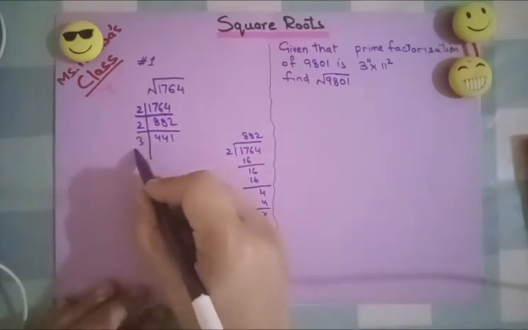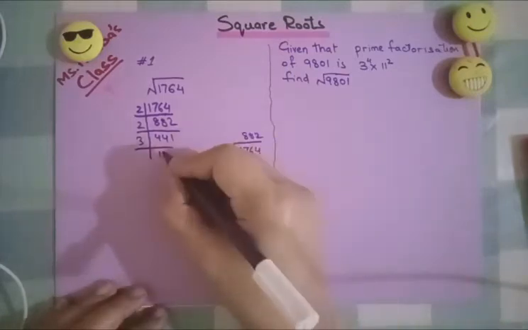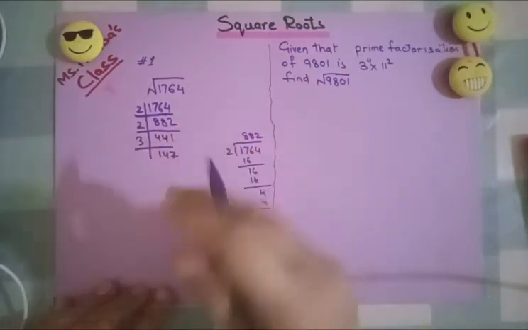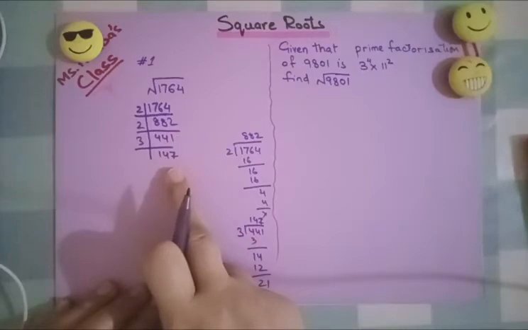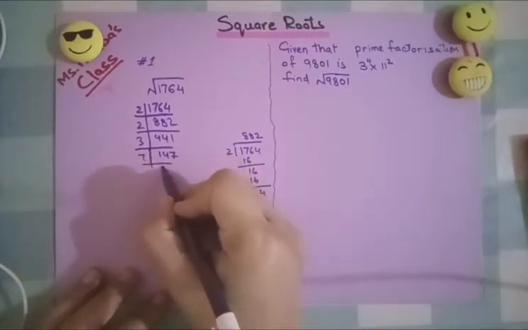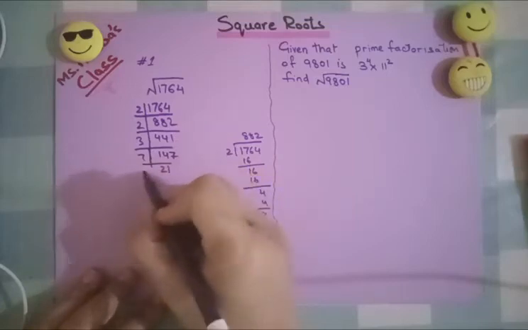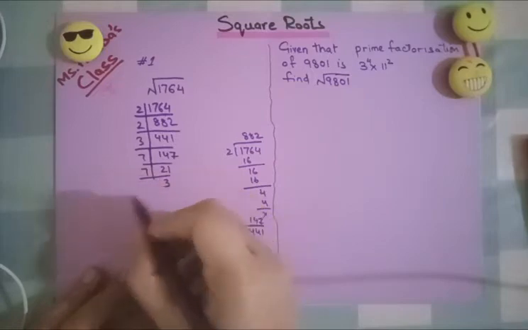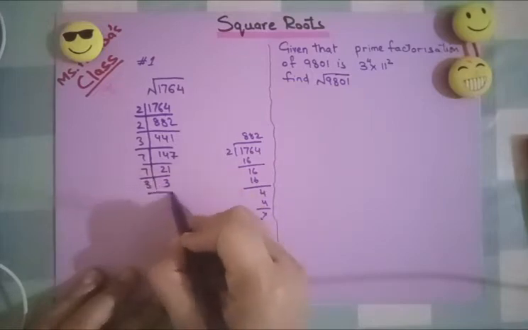I will write 3 over here, and 147. Now as it is ending at 7, I will check it with 7. 7 2s are 14, and 7 1s are 7. Again it's divisible by 7. 7 3s are 21, and 7 1s are 7.